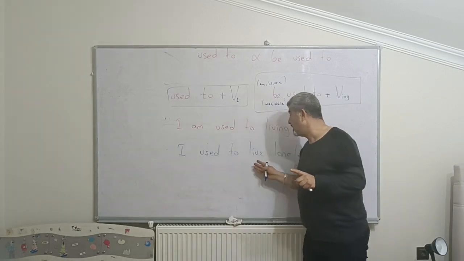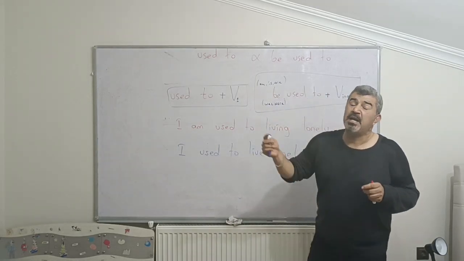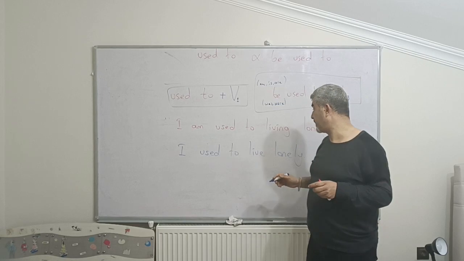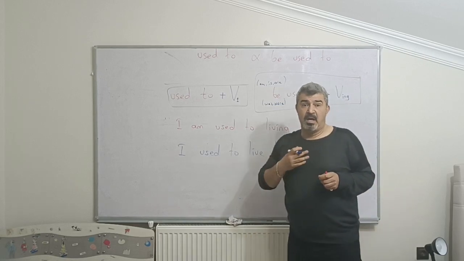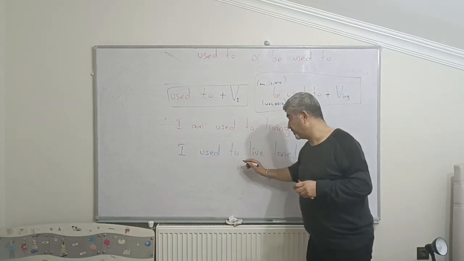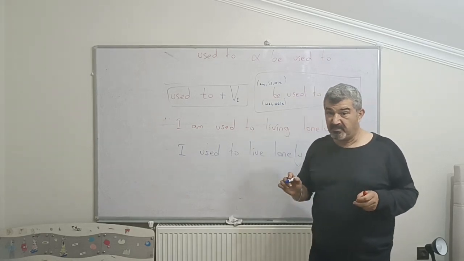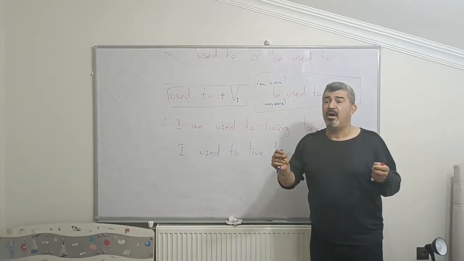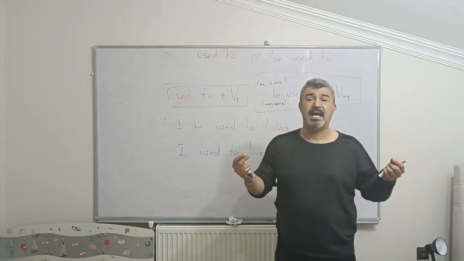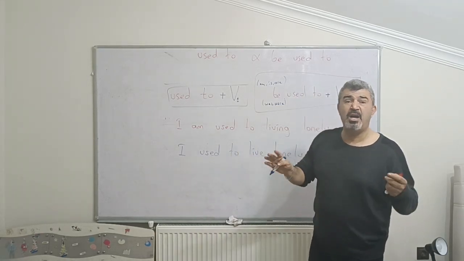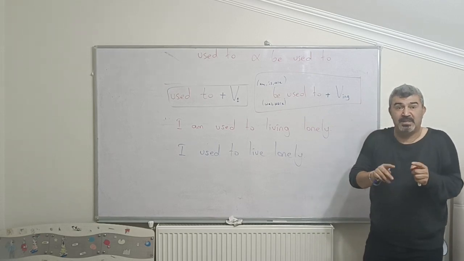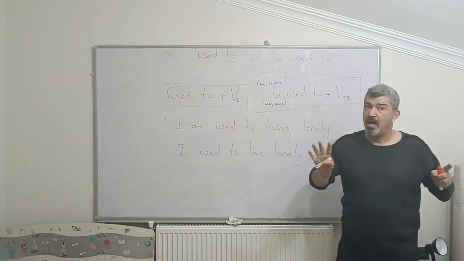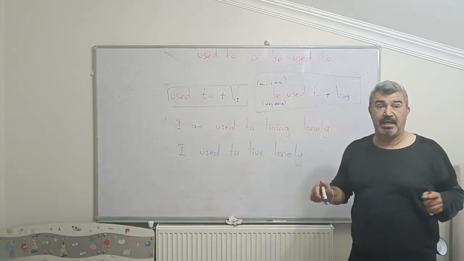What does it mean? It means that in the past, I was alone. I didn't have a roommate. I was alone in my house in the past, but now I don't live lonely.